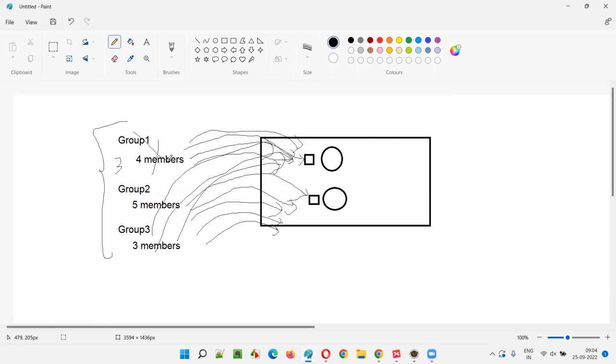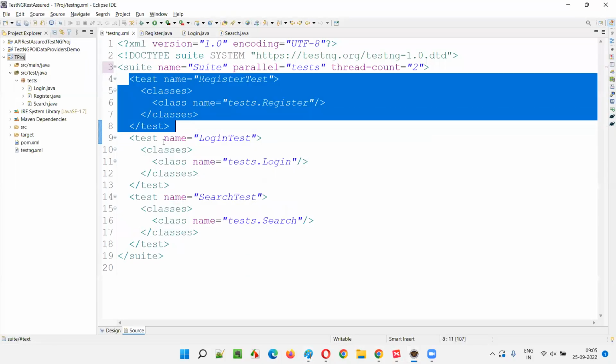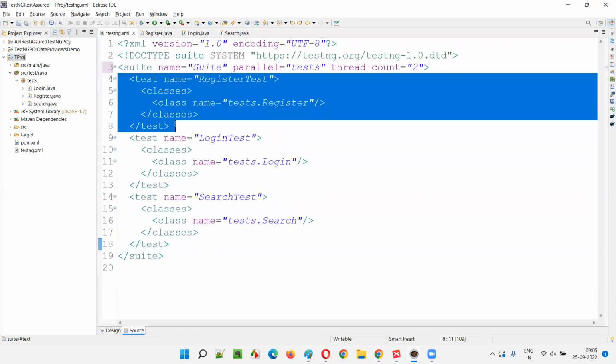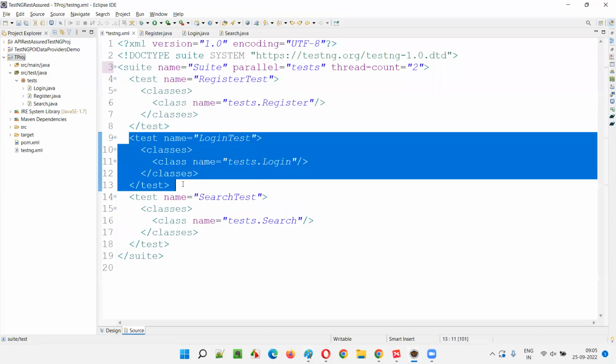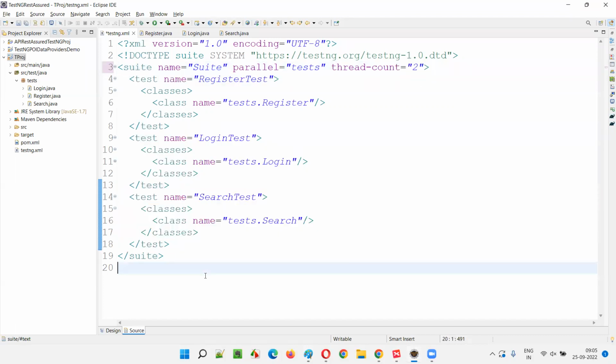This is not parallel execution at the test methods level, it's parallel execution at the test tags level. So methods from this test tag will be executed parallelly with this particular test tag. After one of the slots is free, the remaining test tag will be executed.